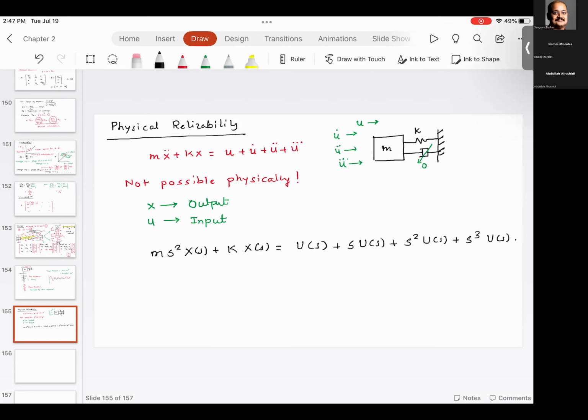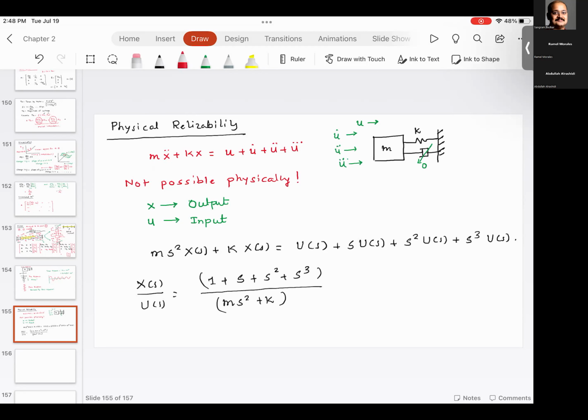Now what I want to do is construct a transfer function X(s) by U(s), and this function would look something like this. And here, 1 plus s square plus s cube.